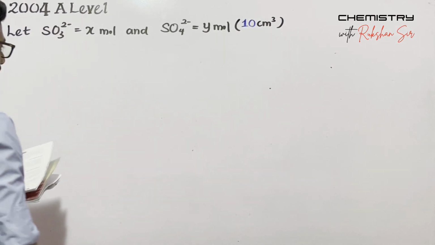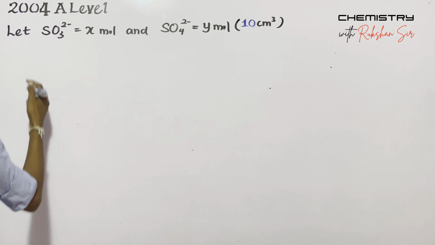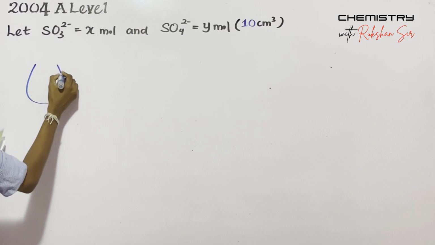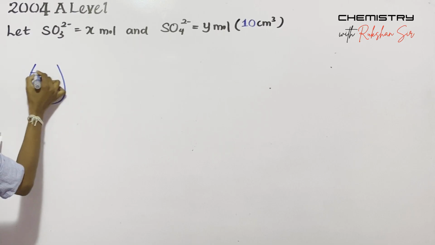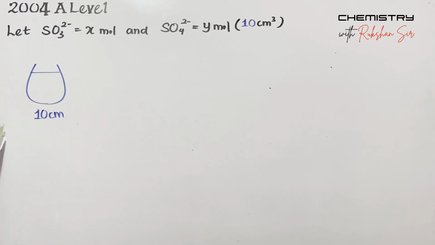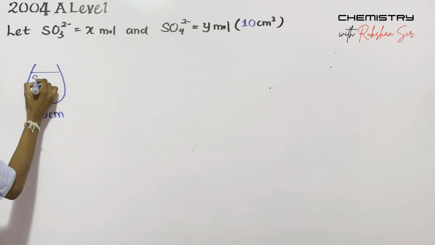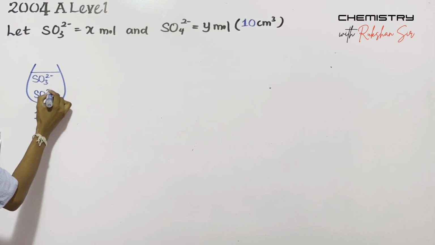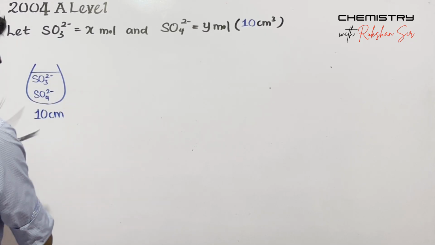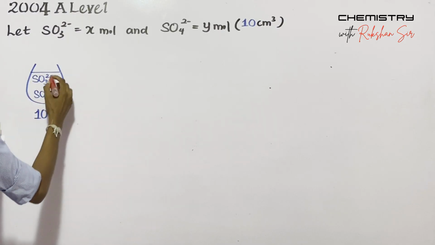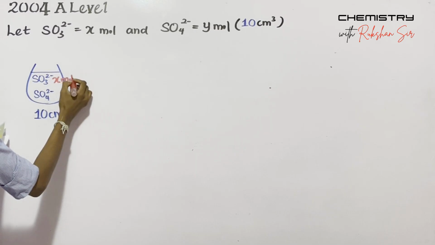They are saying that the 10 cubic centimeter sample solution contains SO3 2- ions as well as SO4 2- ions, with amounts X moles and Y moles.